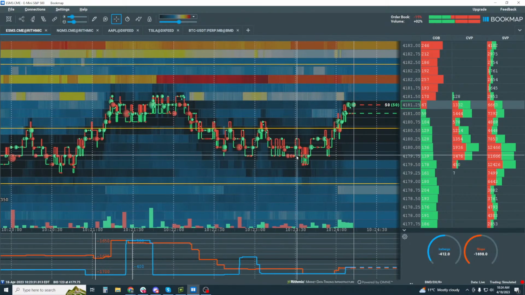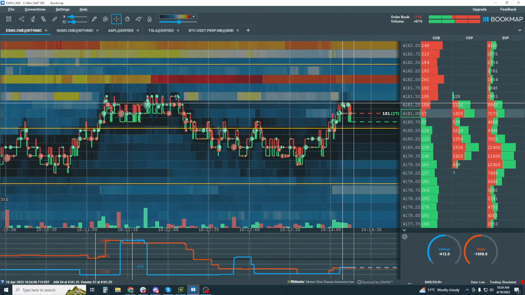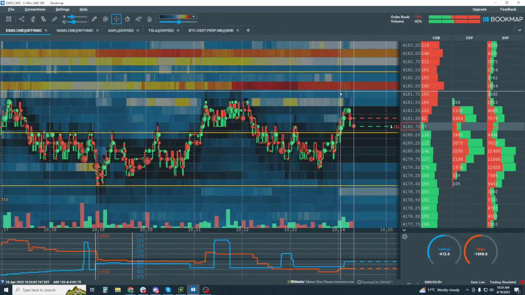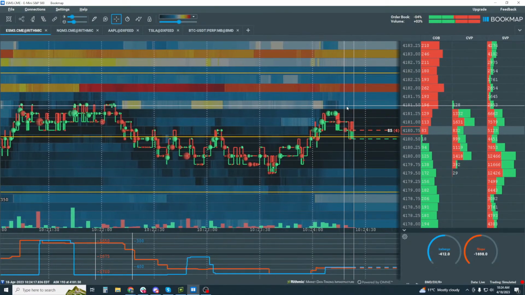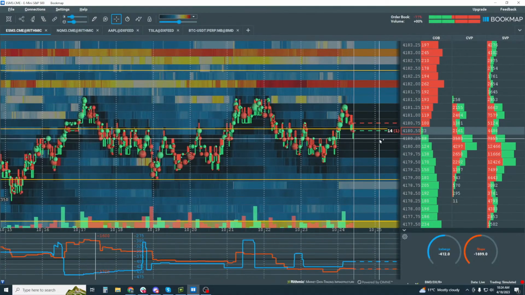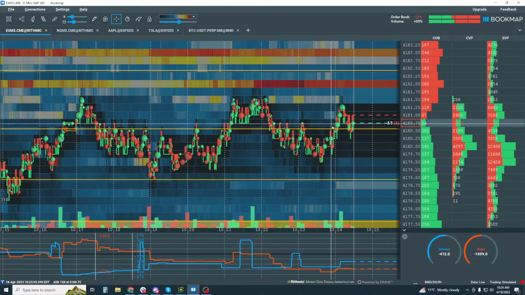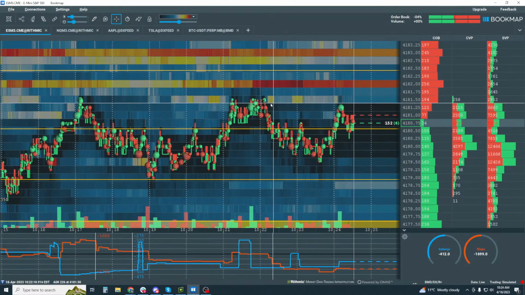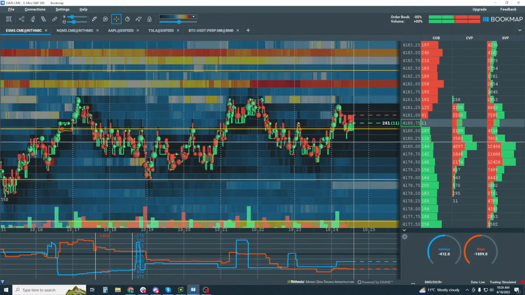So can't seem to get down here. Let's see if we get another rotation. The buying looks better up here, but it did not come back up and test this 81.50.